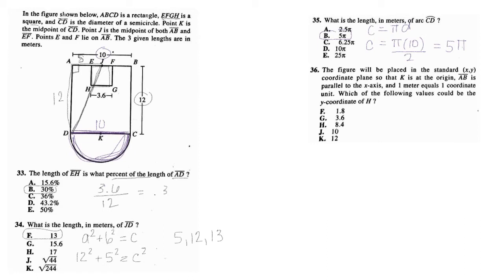So we want the y coordinate of H, and we're going to think of K as the origin. So let's go back over and look at our figure. And again, K is the origin. And we want to know what could be the y coordinate of H?